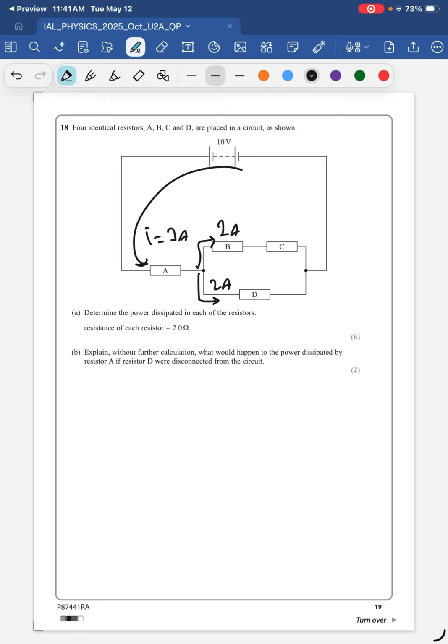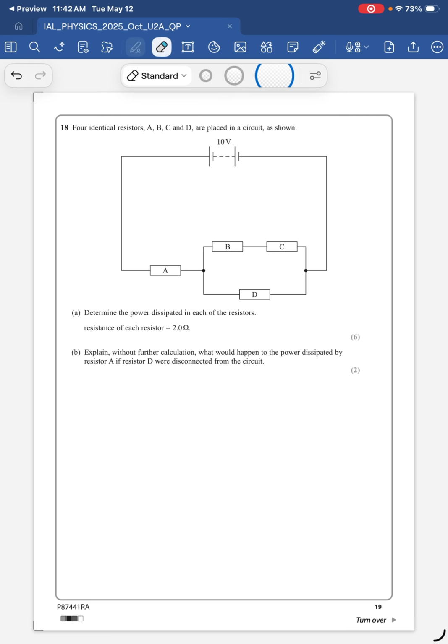Explain without further calculation what will happen to the power dissipated by resistor A if resistor D were disconnected from the circuit. Okay, so again, let's erase this. If we remove this, we will have 3 resistors in series, which means that the total resistance will increase.